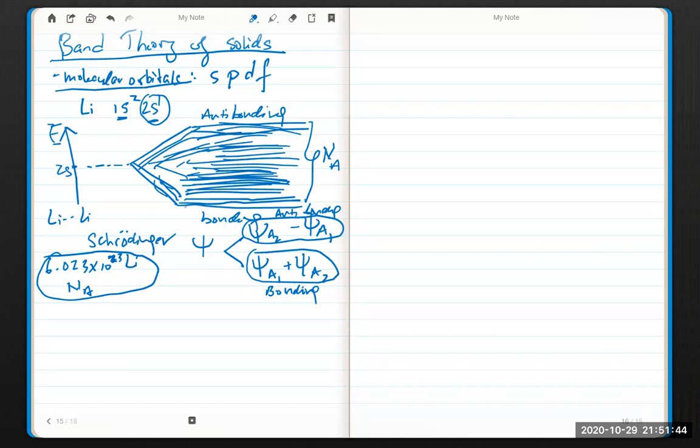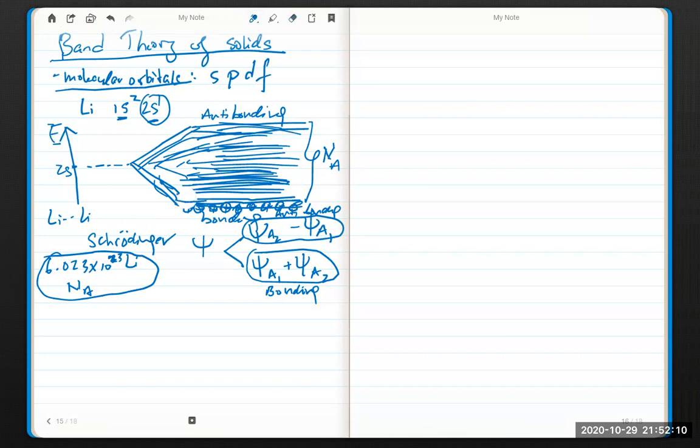How can that happen? Well, when you have the bottom one, for example, with 6.023 times 10 to the 23 atoms, this one here is the lowest possibility of linear combination. Everything is positive, positive, positive, constructive interference.